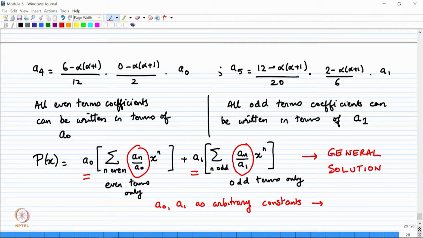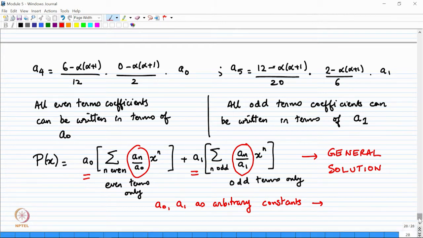Now, the general solution has two linearly independent solutions. The series with only even terms and the series with only odd terms are linearly independent. So, this general solution is written as a linear combination of these two solutions.